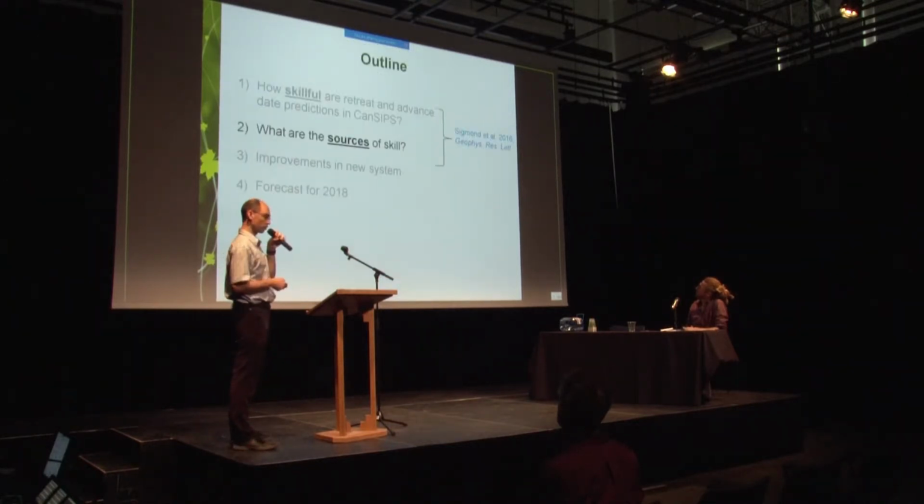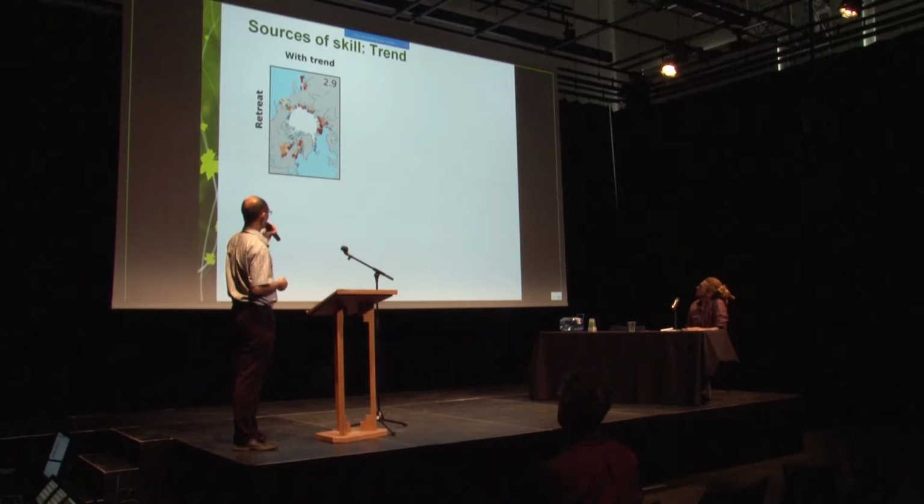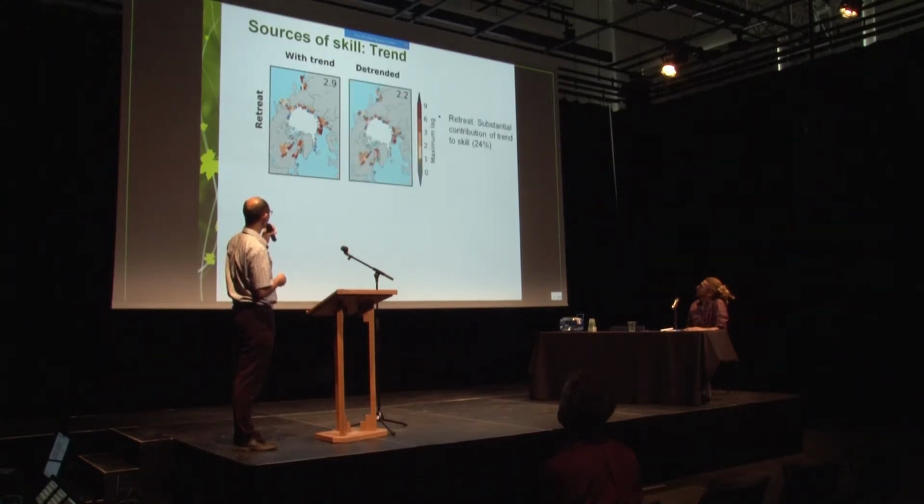So what are the sources of the skill? Well, there's basically 3 sources of the skill. First, it's not really a source, but it's a trend. It's related to the initialization. If you initialize with the right trend, you get the trend back. So it's shown by this plot.